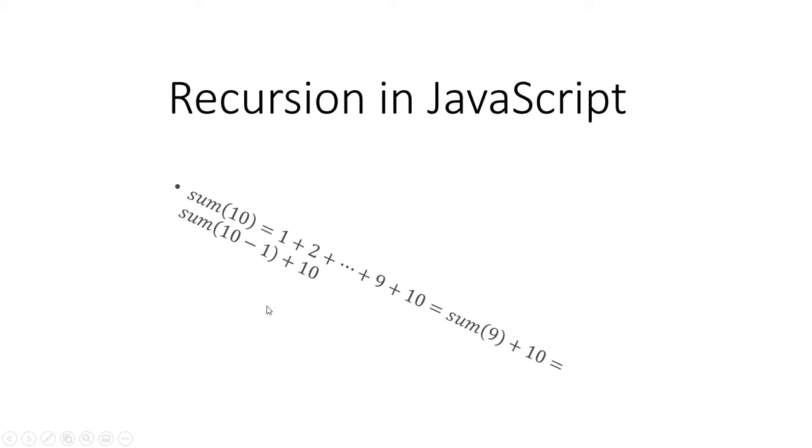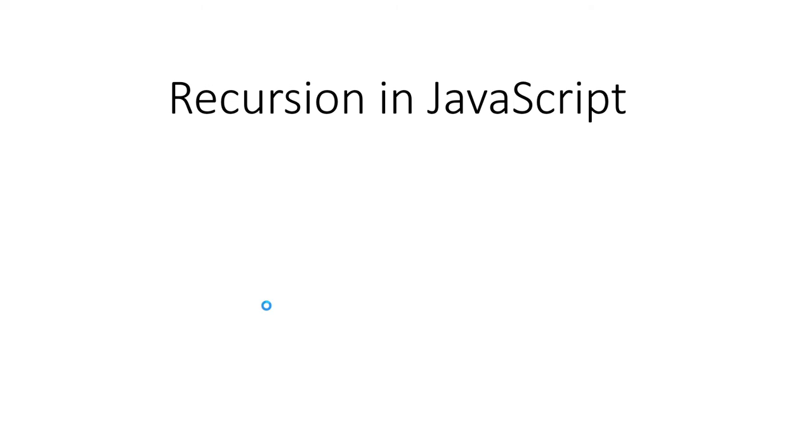So if we generalize this concept, the sum of n numbers will be the sum of the first n minus 1 numbers, plus n itself. This is called the recursion relation. So to program recursion for a problem, you need to figure out this recursion relation first.